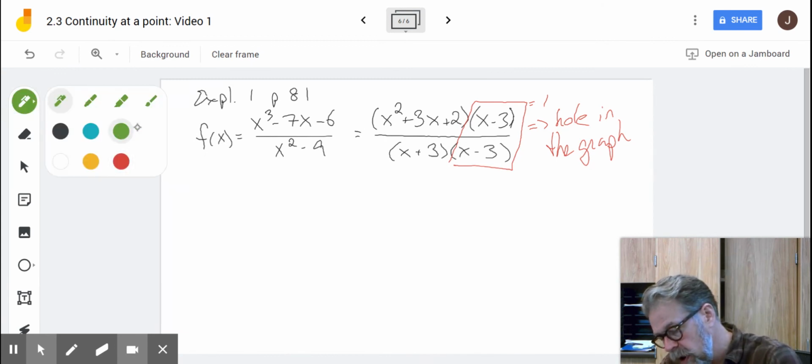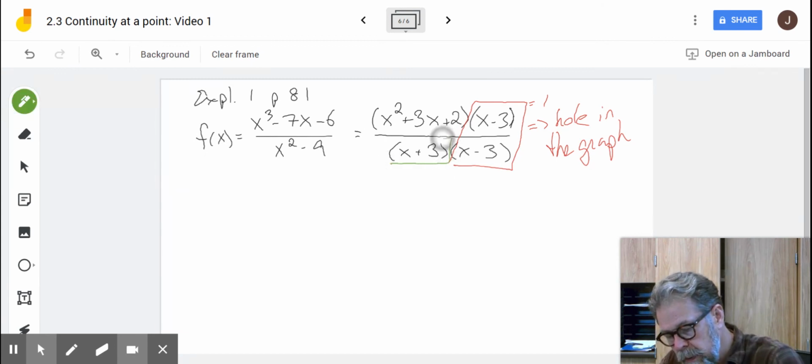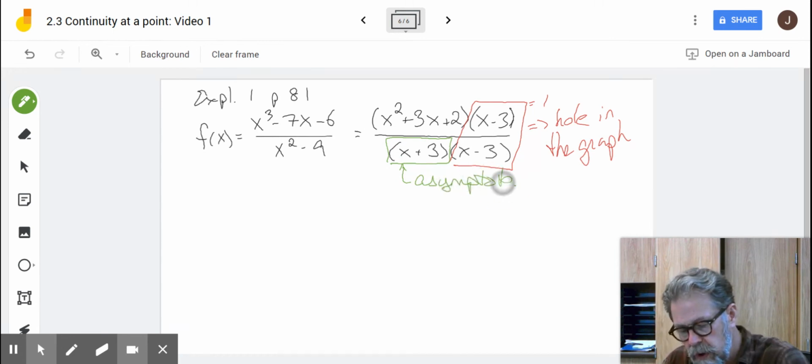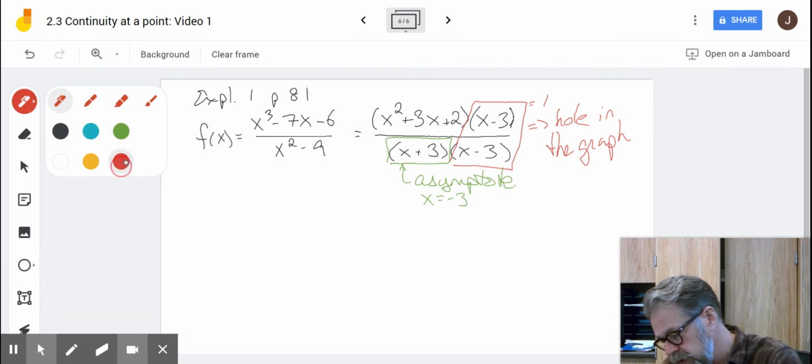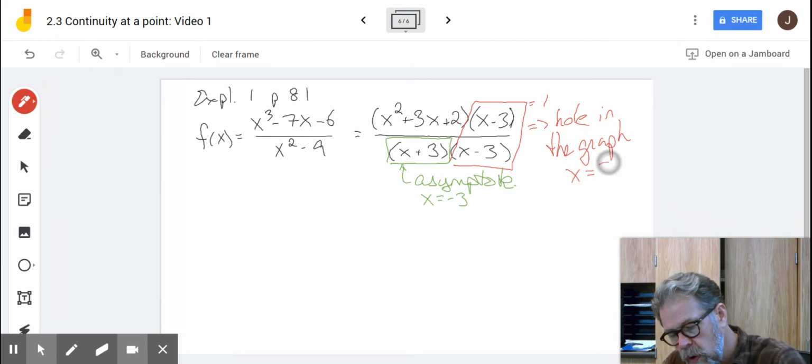And then very quickly, I'll mention, and you probably remember this from Algebra 2, this tells us that there's a vertical asymptote on the graph. So at x equals negative 3, there's a vertical asymptote, and at x equals positive 3, there is a hole in the graph.